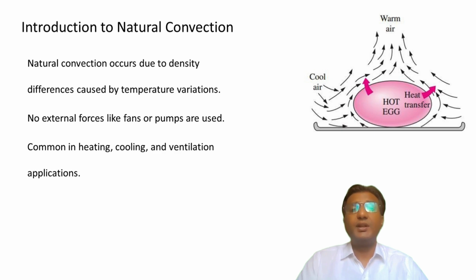In engineering, natural convection is valued for its simplicity and energy efficiency, as it requires no mechanical input. Understanding this process helps design systems that leverage natural fluid motion for effective thermal management. So let's explore the mechanism behind natural convection in the next slide.